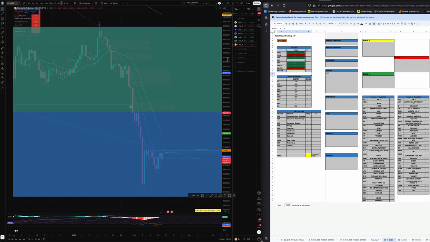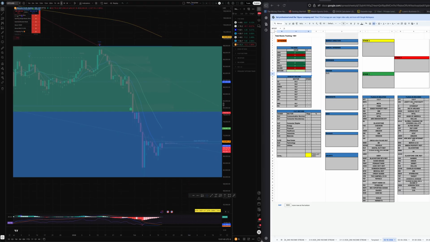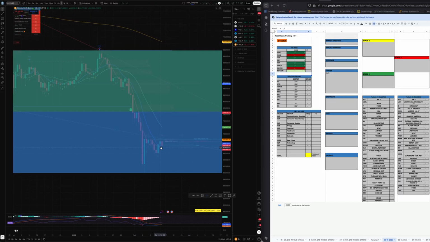I do see Bitcoin possibly still on a downtrend. It still hasn't broken a higher high, and now it's a lower high, so it might come back down here to possibly break. If it breaks below here, it can go back down, get retested, bounce, and break above that possibly. So we just don't know yet.